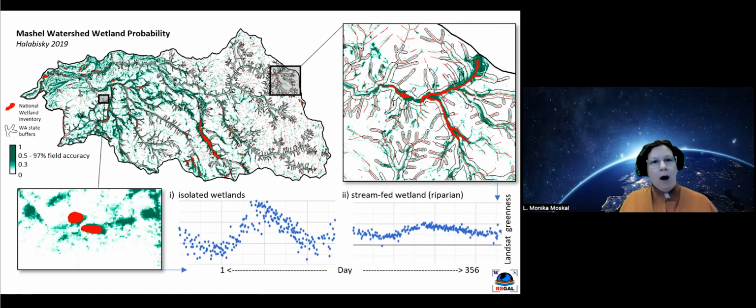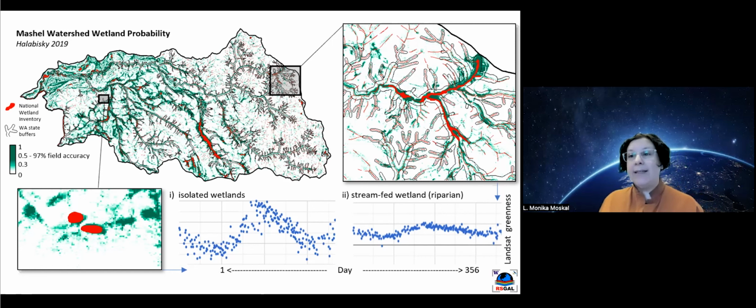So my colleague and I, Dr. Megan Halabisky, wrote a proposal to NASA in 2019, and were funded a year later to look at wetland carbon mapping. And the first thing we needed to do is really figure out where these wetlands are. So we developed this wetland intrinsic probability tool, WIP. Look it up, it's a plugin into ArcGIS now. And what it allows you to do is map along the moisture gradient on a landscape.